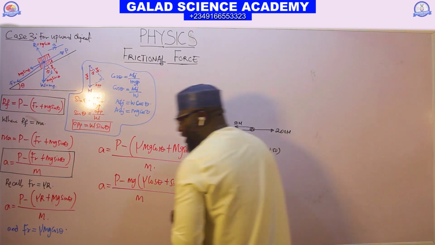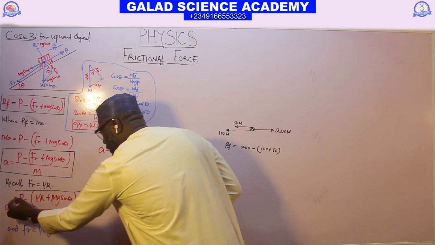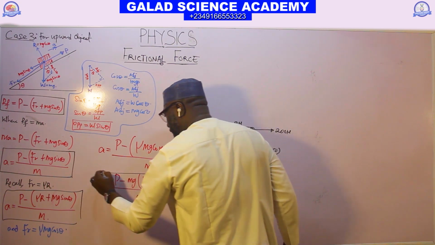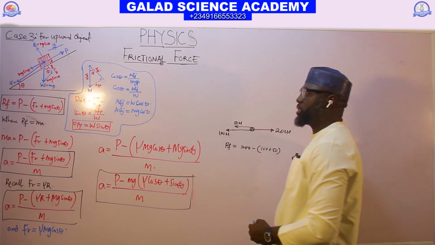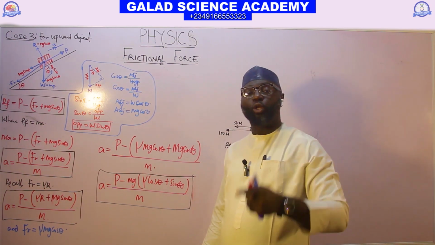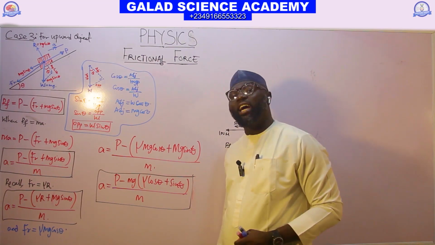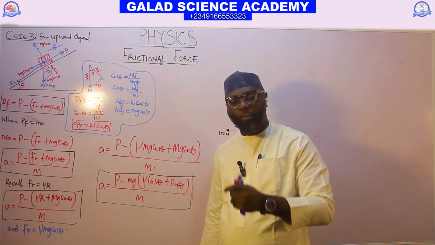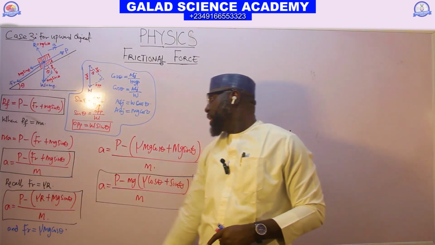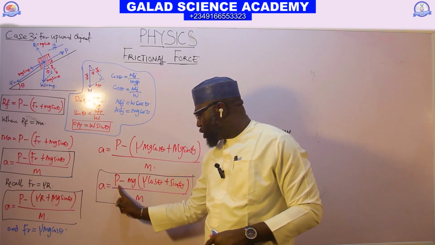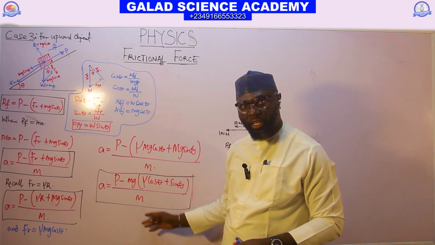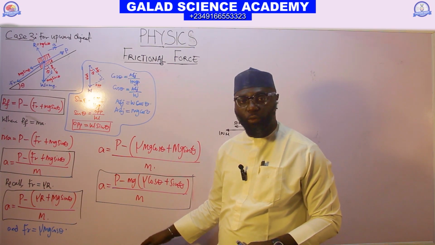We can define acceleration in this form, and by proving it further, we can also define it in this form. There are some questions that will ask you to prove that the acceleration of an object moving upwards on an inclined plane is equal to P, the applied force, minus mg times this cos theta. So this is the proving.